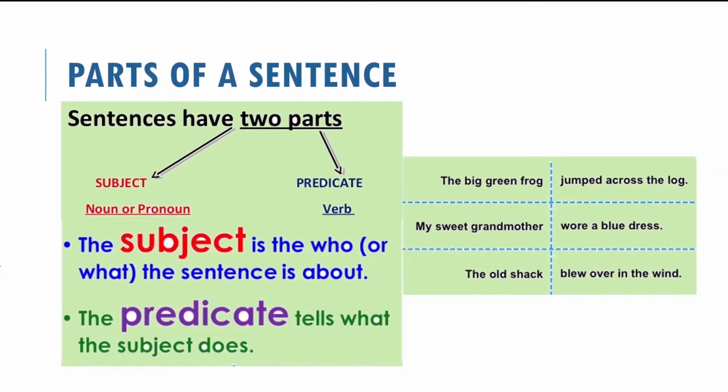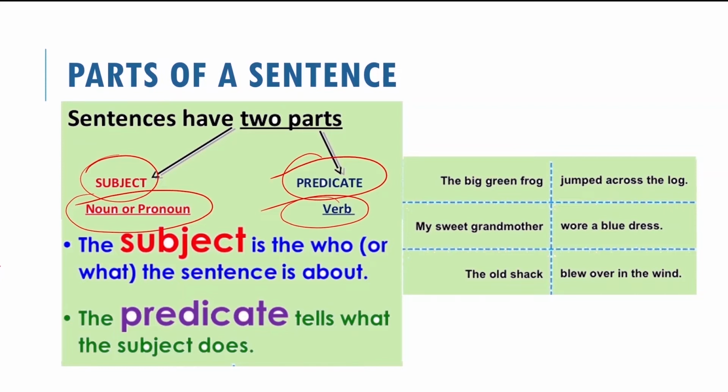Every sentence has two parts, subject and predicate. The subject is the who or what the sentence is about, and the predicate tells us what the subject does. Actually, subject is the noun-based part of the sentence and predicate is the verb-based part of the sentence. Let's explore how that works in context.